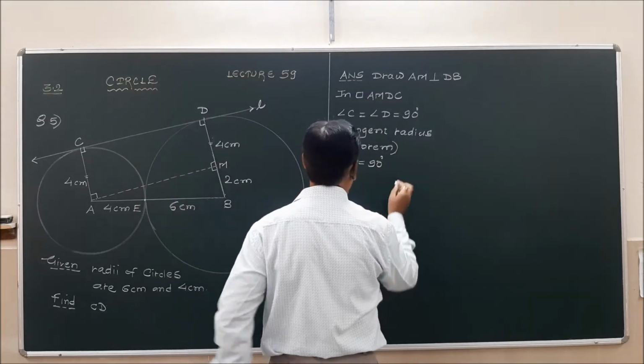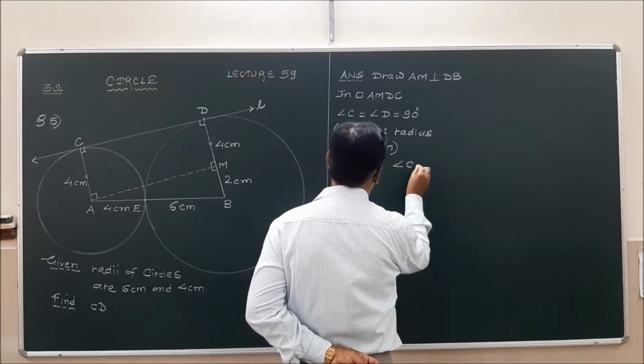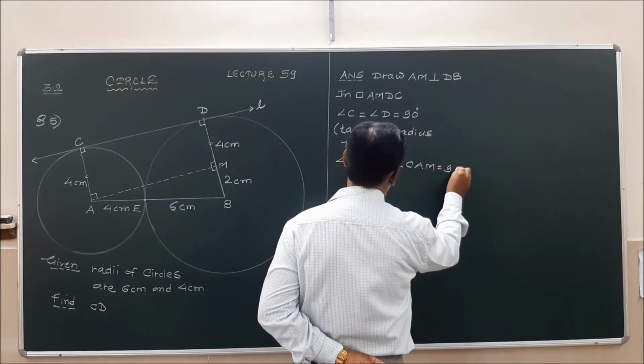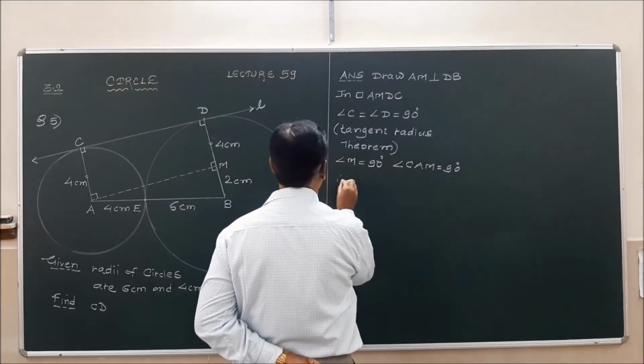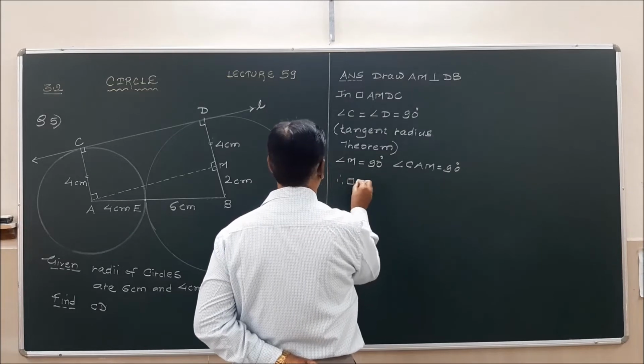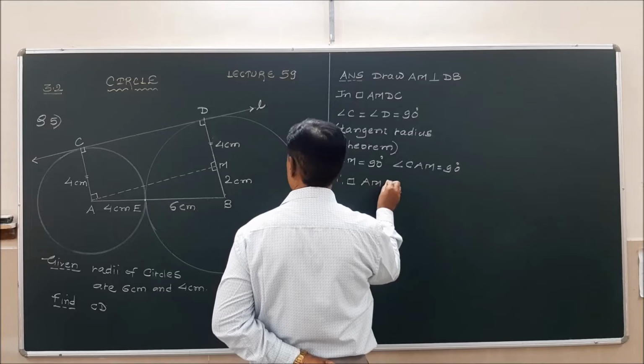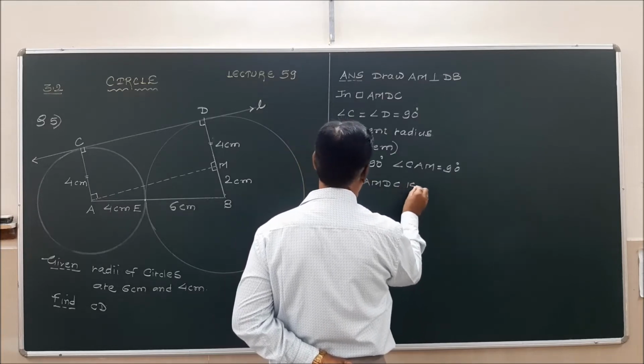Angle CAM, the remaining angle, is also 90. Therefore, quadrilateral AMDC is a rectangle.